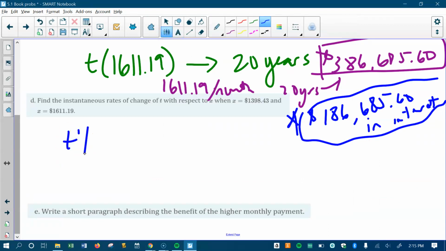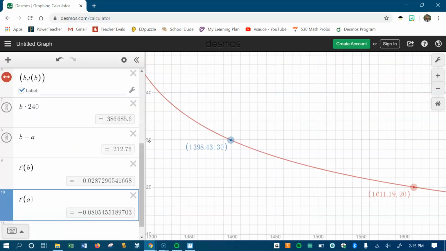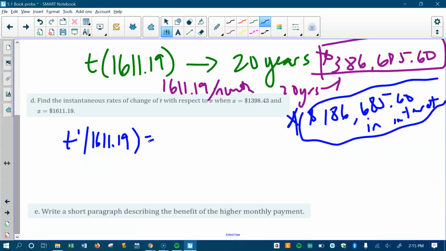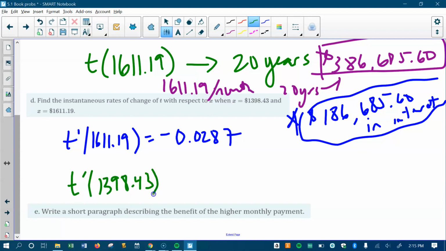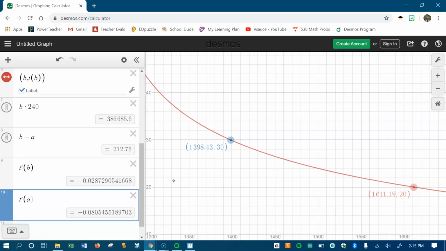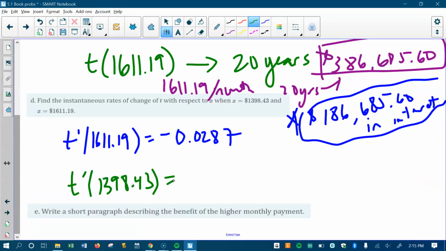T prime of 1611.19. That was T prime of 1383. And that's equal to, let's think.